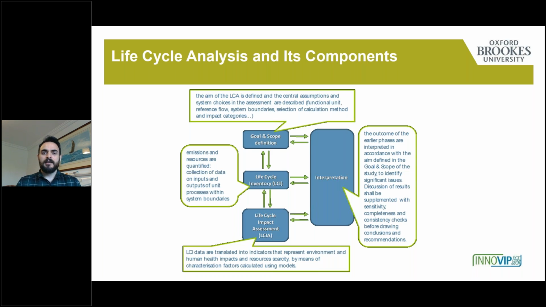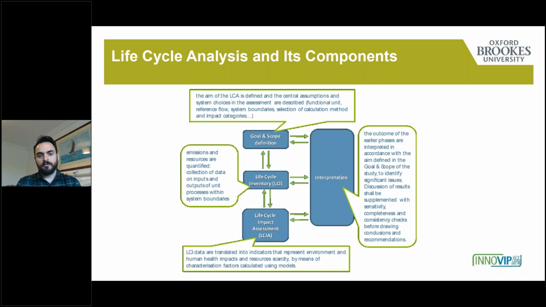It's basically where you define the goal of the study, and then you talk about the boundaries that are going to be studied as part of the process. What are the functional units? The reference flows. What goes into the product and what goes out of it as part of the process.